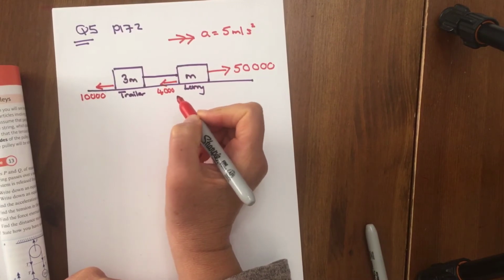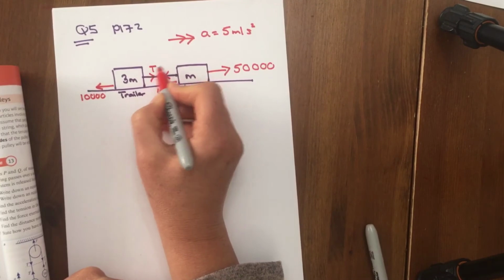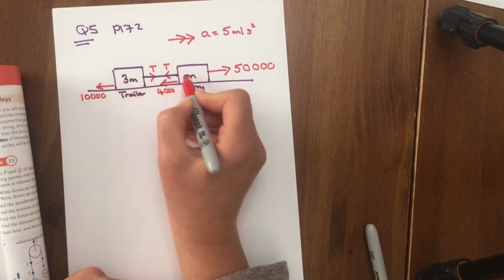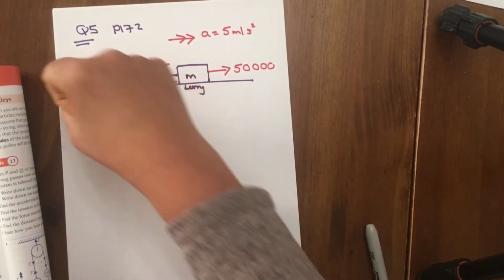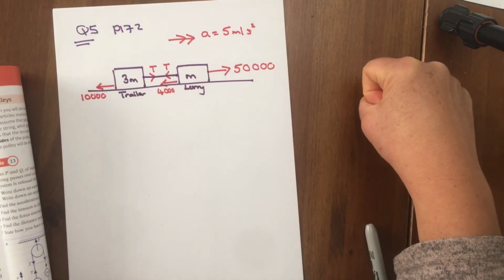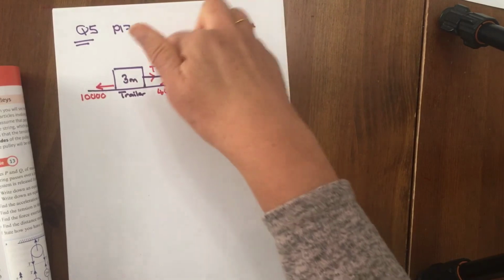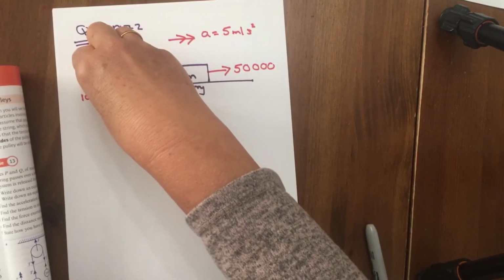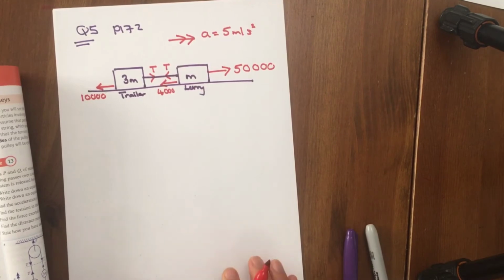That's your frictional forces. And don't forget, we have tension in this tow bar connecting the lorry and the trailer. So we're going to treat it as one particle going along, or to find the tension, we may look at just the lorry or just the trailer. So the first question says find the mass of the lorry and the trailer.